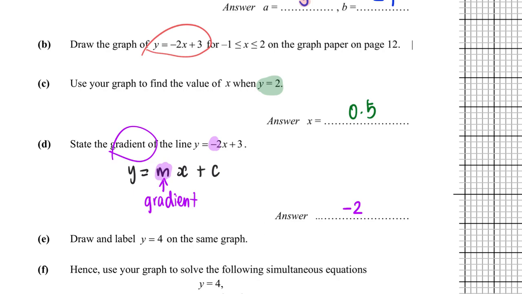Last but not least, finishing already, draw the line y equals to 4. Please remember that this is a horizontal line.